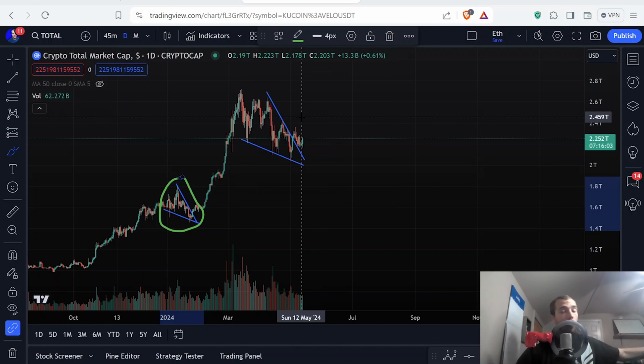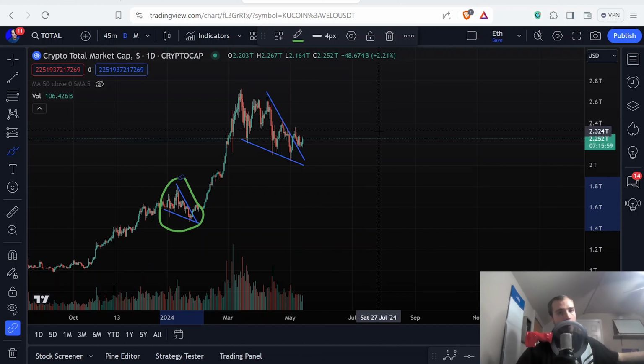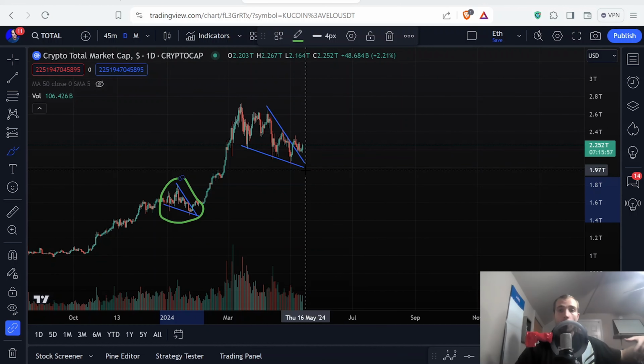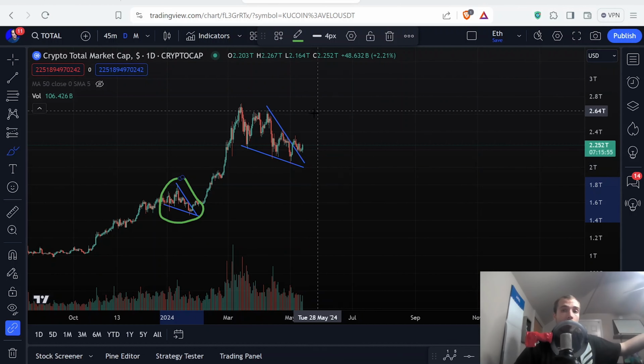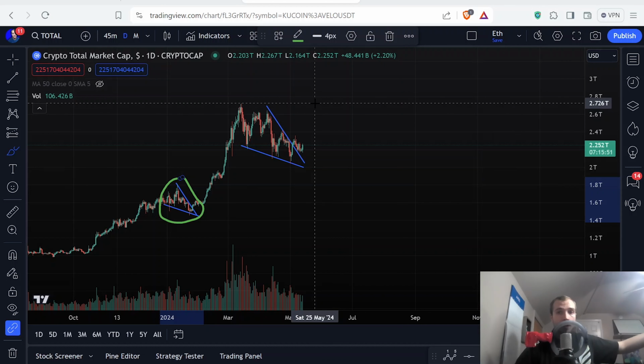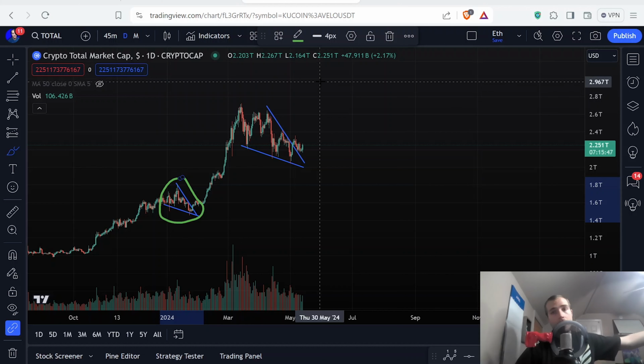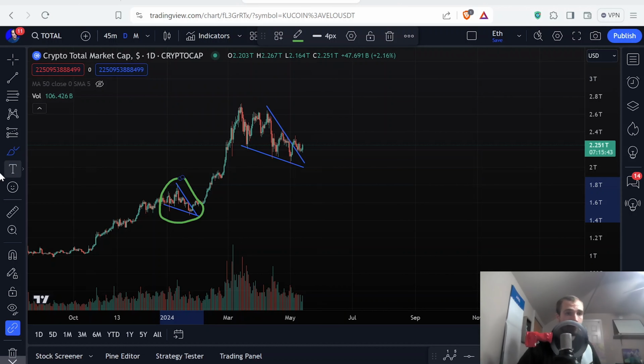And we're breaking bullish out of a falling wedge currently on the total market cap again. So this falling wedge could take us back over the previous all-time high here at 2.7 trillion in total market cap and start to head up towards 3 trillion or even higher.